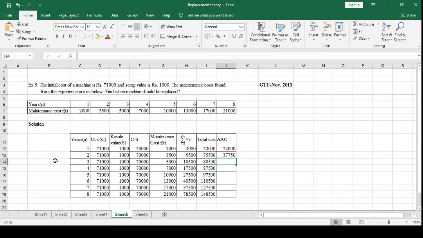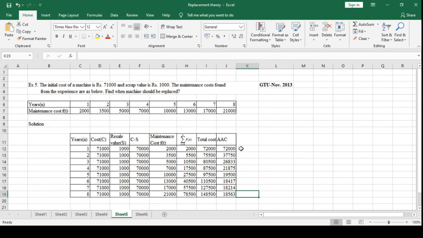For the next year our answer will be 26,833, for the next year 21,875, for the next year 19,500, for the next year 18,417, for the next year 18,214, and for the last year 18,563.